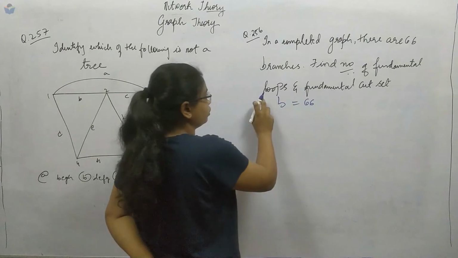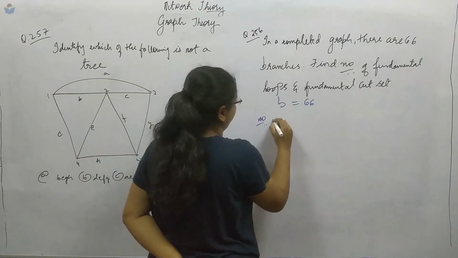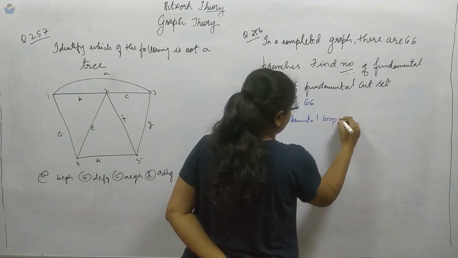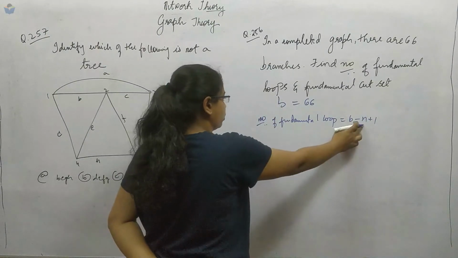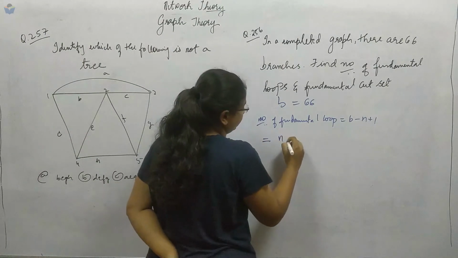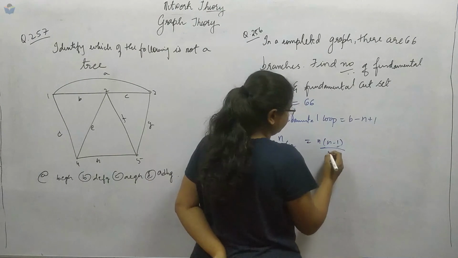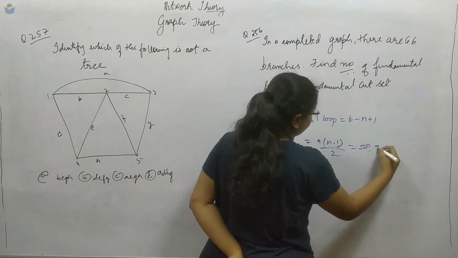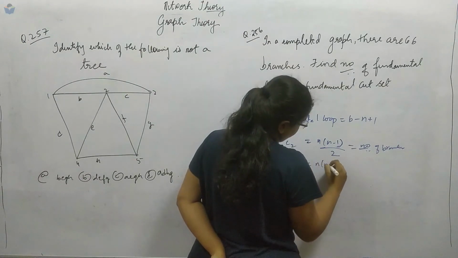Okay, so for that, to find the fundamental loop, we have formula number of fundamental loop is equal to b minus n plus 1. But we do not know what is n. For that we have to first find out using the formula nC2. So this is n of n minus 1 divided by 2, right? This is nothing but number of branches. Okay, so we have got number of branches as 66.